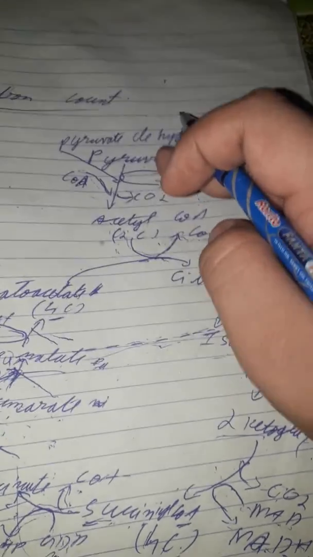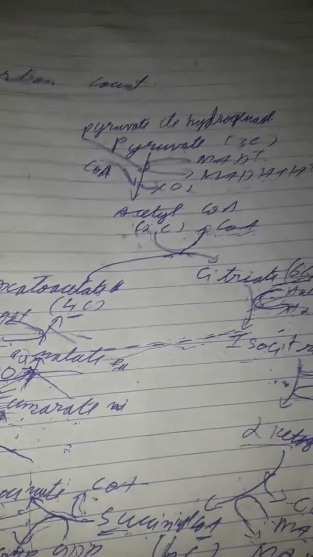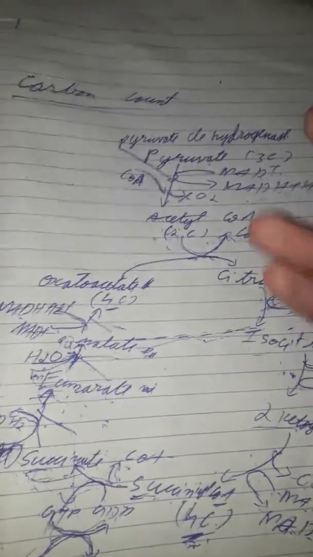Actually, this much is only the cycle. As NCERT gives it from pyruvate, the end product of glycolysis, 2 molecules of pyruvate will be obtained. From that, 1 molecule we have taken and did all this. Actually, the cycle starts from here. Only this much is the cycle. But as it is given in the NCERT, I have started from here.